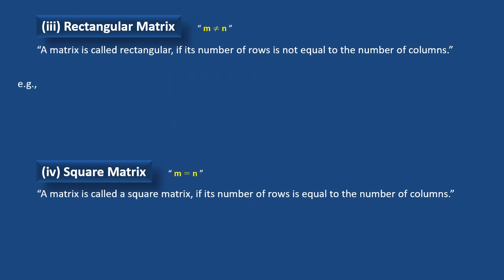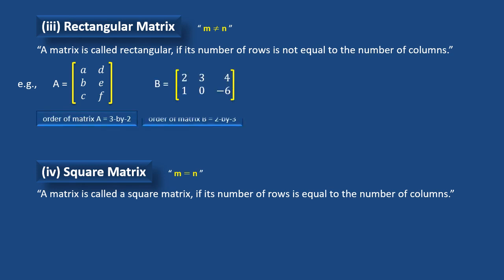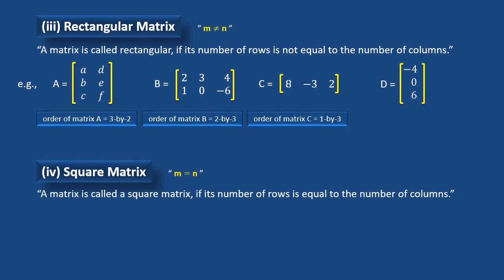For example, matrix A has 3 rows and 2 columns. Matrix B has 2 rows and 3 columns. Matrix C has 1 row and 3 columns. And the order of matrix D is 3 by 1.